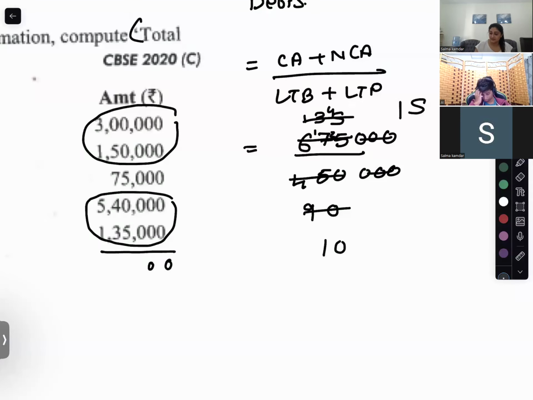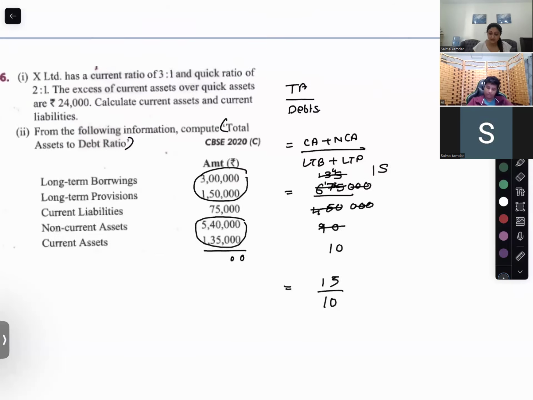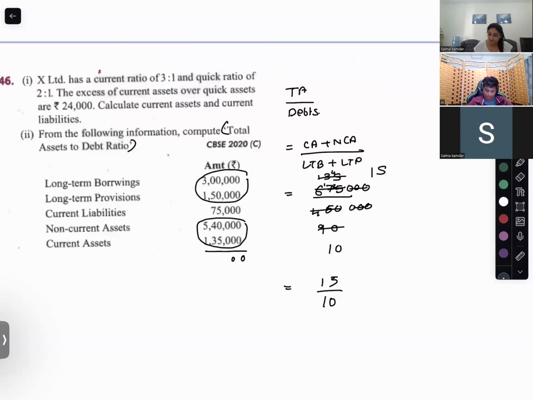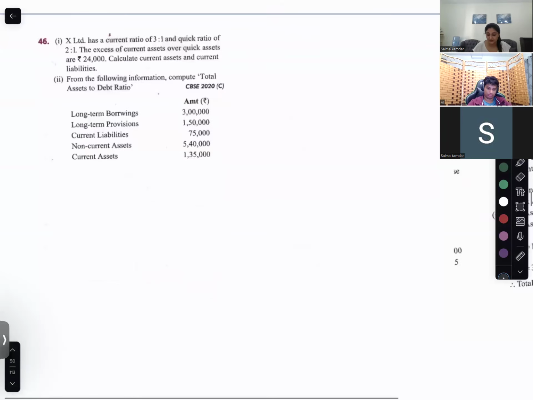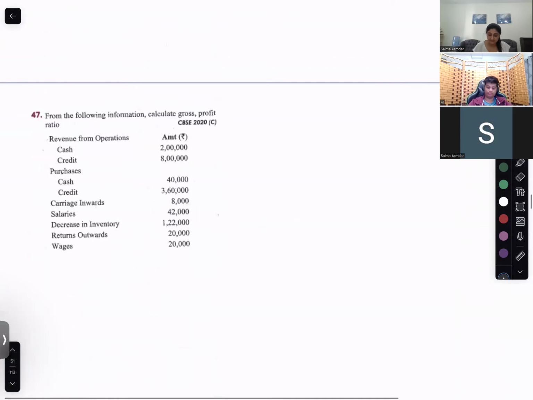So it will be 1.5 over 4.5. So what is the ratio? Total assets to debt ratio will be 1.5. Will you put is to 1? Yes, is to 1. I need you to do the calculations yourself, Anas, not copy.